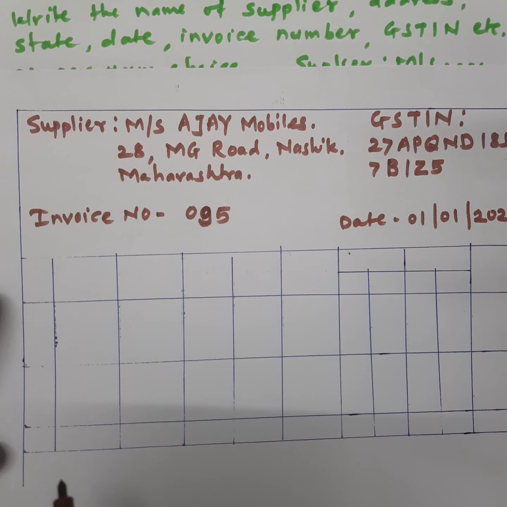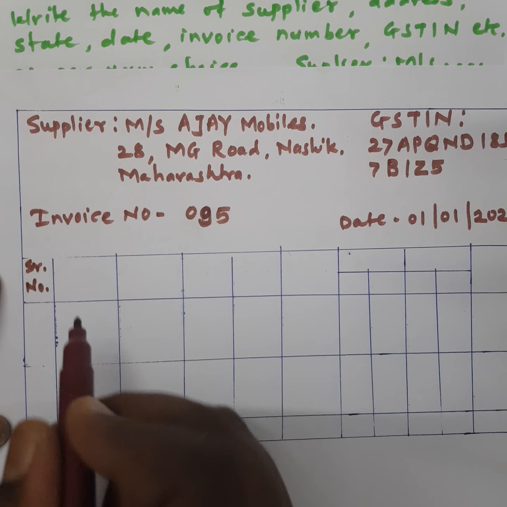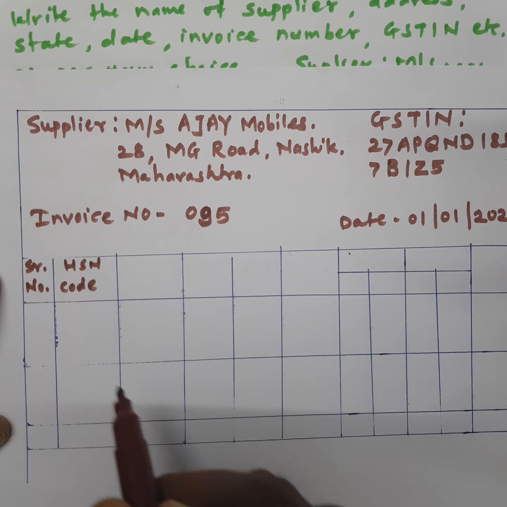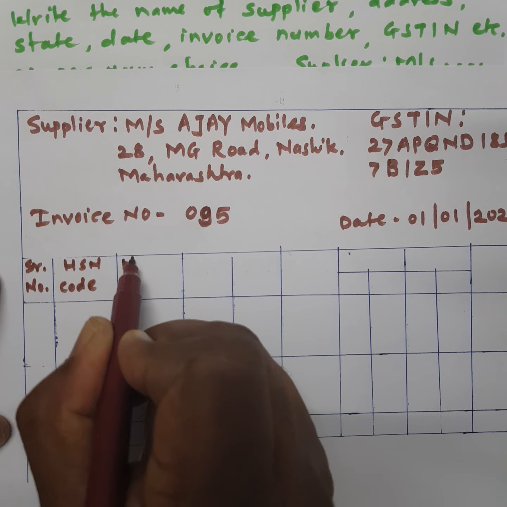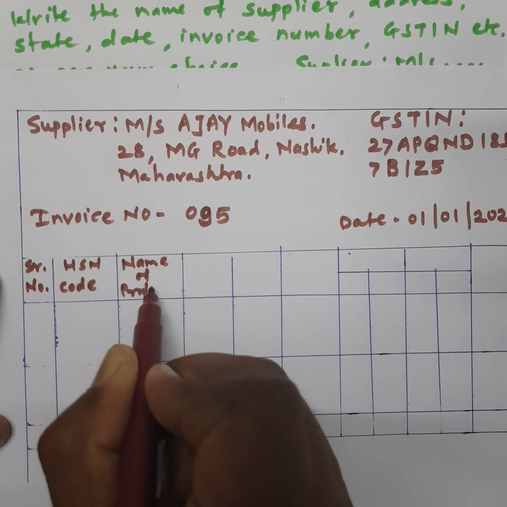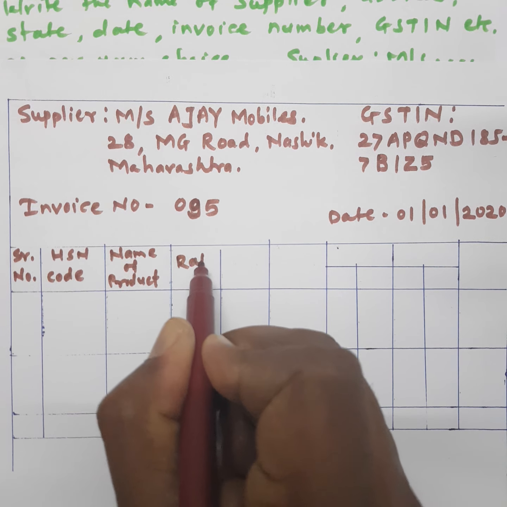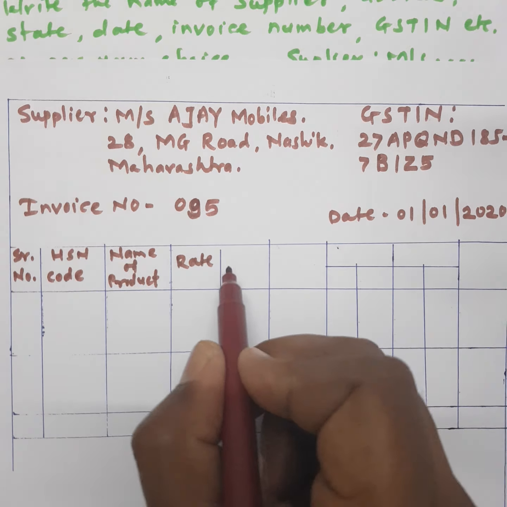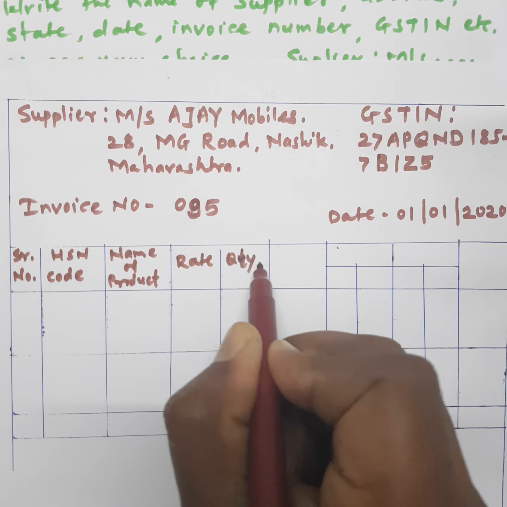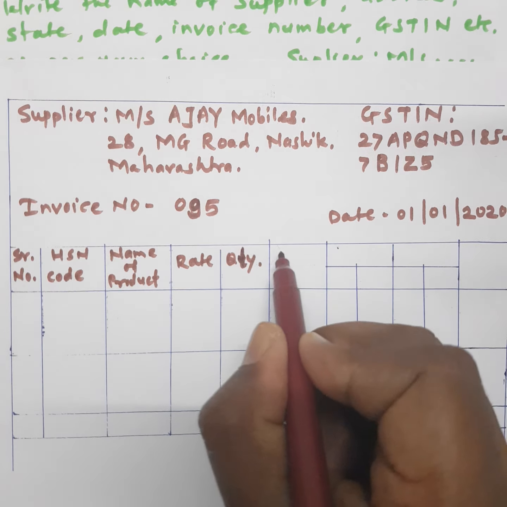Then the columns are: first column will be serial number, next HSN code of the item, then name of product, then rate of the product, then quantity. In short, I am writing QTY here. Then taxable amount.